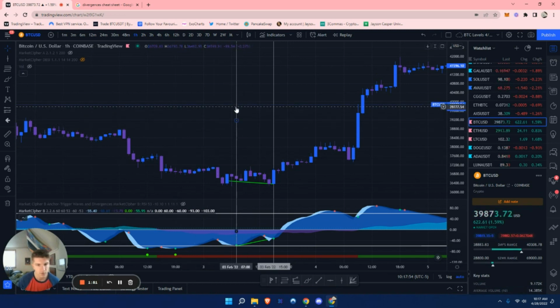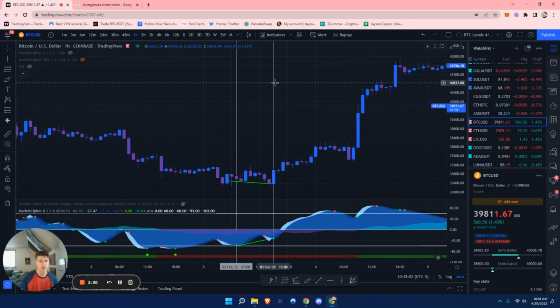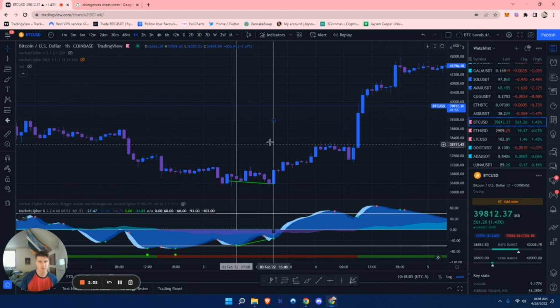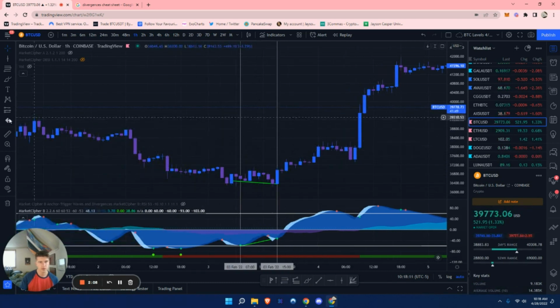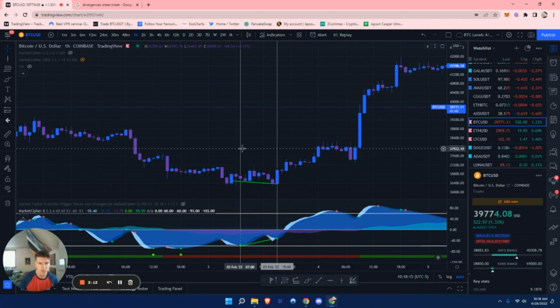So if we hover over the beginning of the divergence, you can see we're getting a money flow value of negative 13.79. And then at the end of the divergence, if I hover my mouse over this, again, money flow wasn't really increasing, so this is not really a good example. I'll show you another example that shows money flow increasing. But generally, you want to see money flow coming up with the asset price.